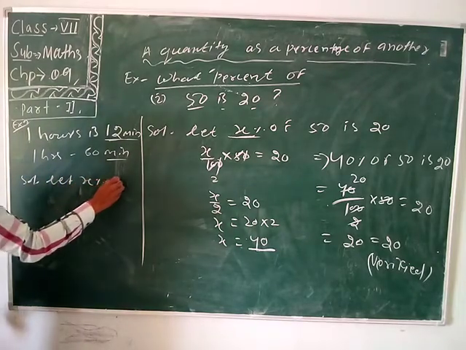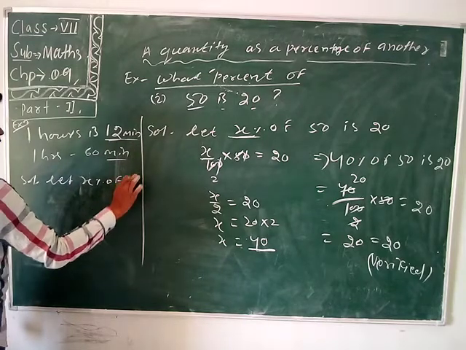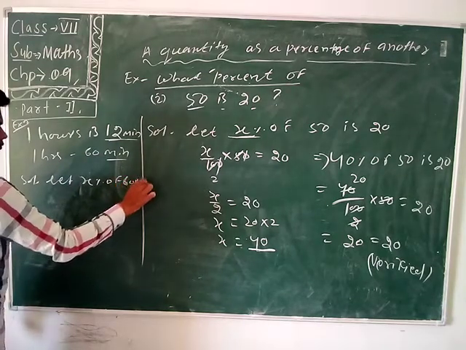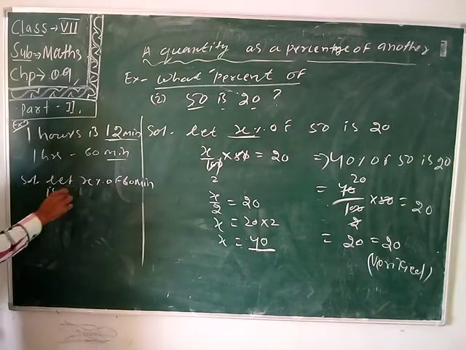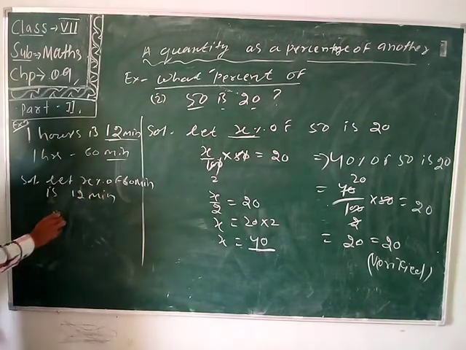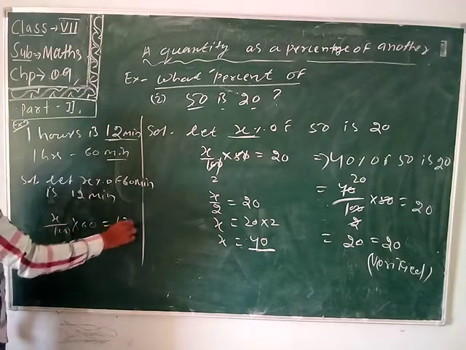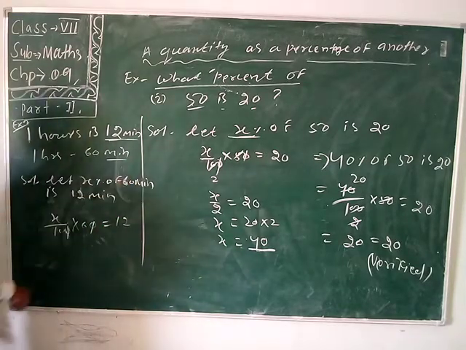Okay, let x% of 60 minutes be 12 minutes. So x by 100 into 60 equals 12.